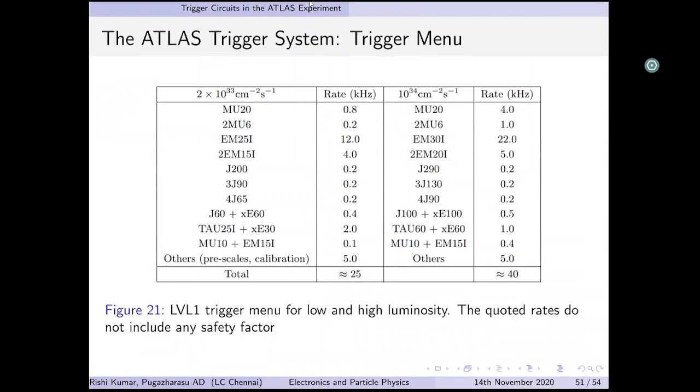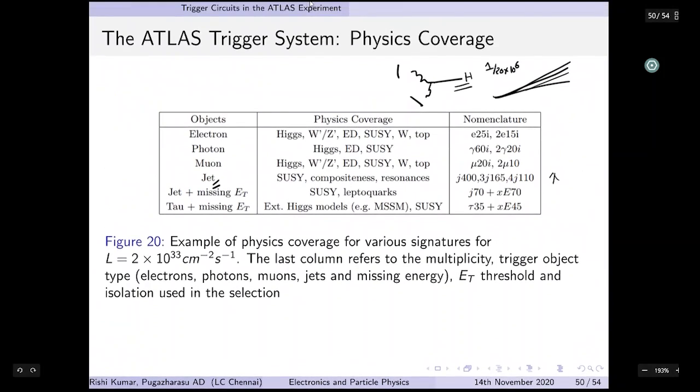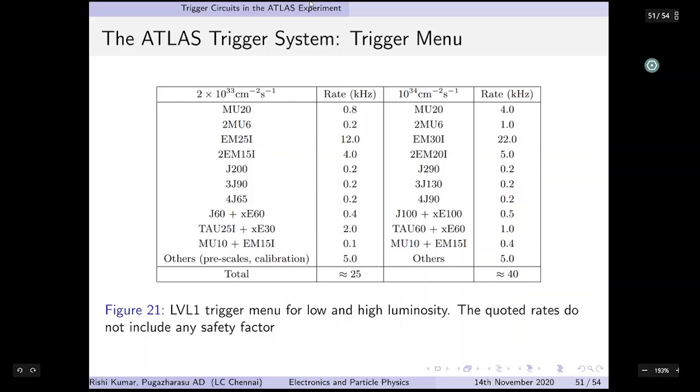And this is just the trigger menu. These are the different nomenclature for different sets of particles. These are the rates, and this is the cross section. So yeah, this is for high and low luminosity. Your luminosity is very much dependent on your circuit design, so it's not something that you can tweak.